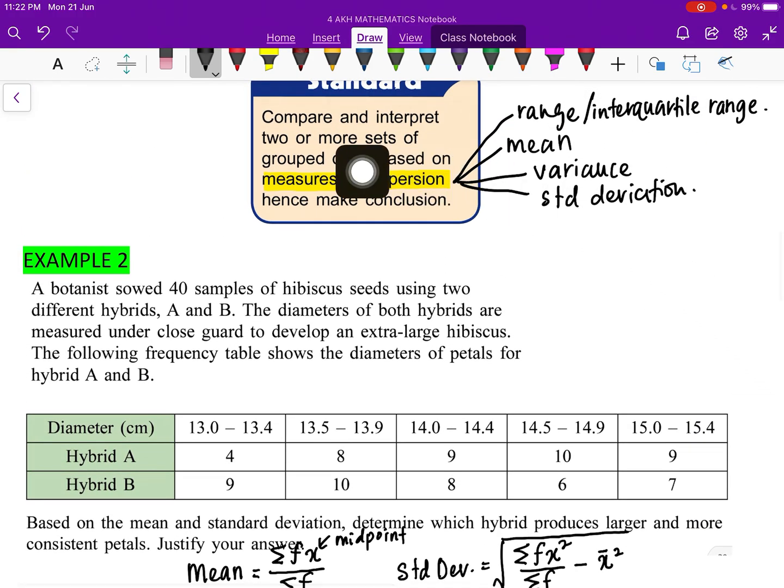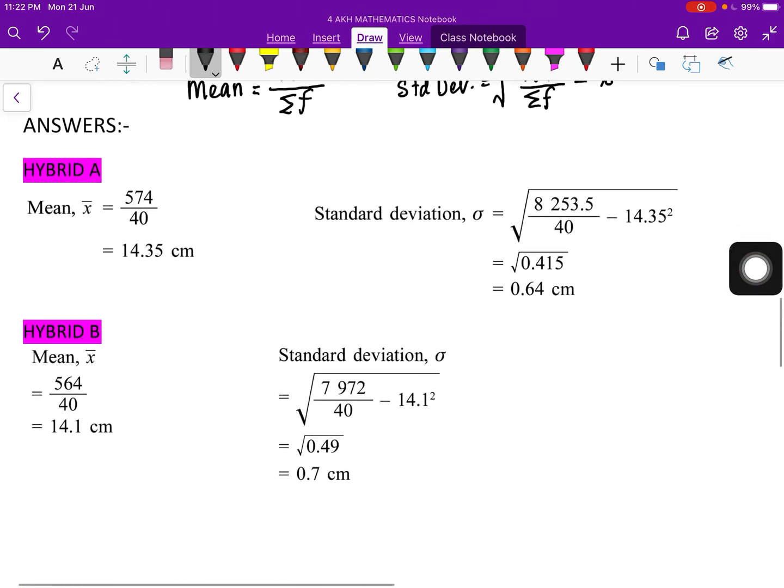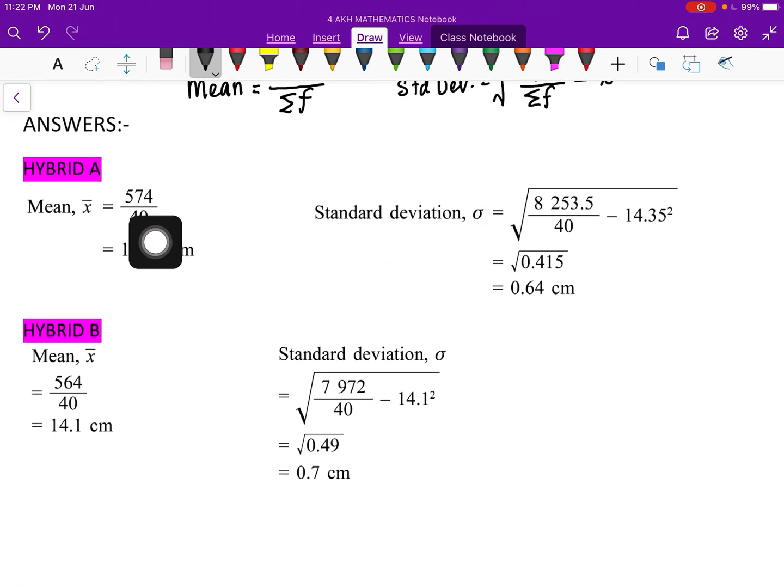Okay, so answers here, since our learning standard is we have to interpret. Okay, we are comparing when we interpret. So the answers after calculation, hybrid A has mean 14.35. Hybrid B 14.1. Standard deviation for hybrid A is 0.64. Standard deviation for hybrid B is 0.7.